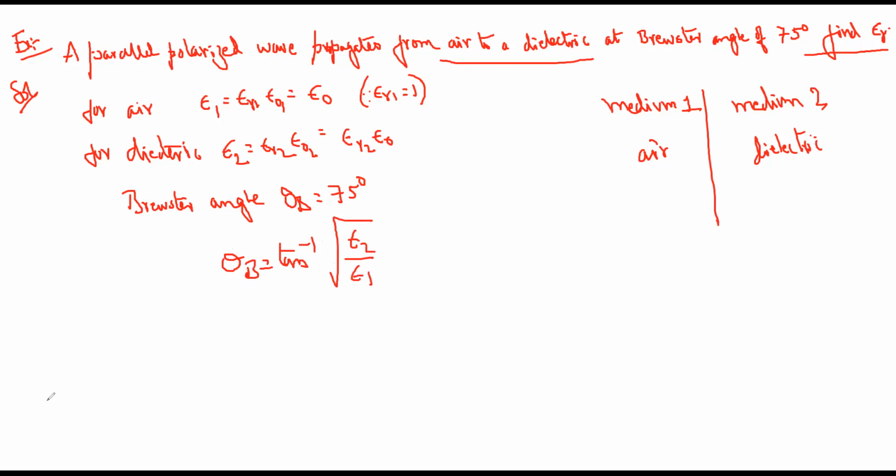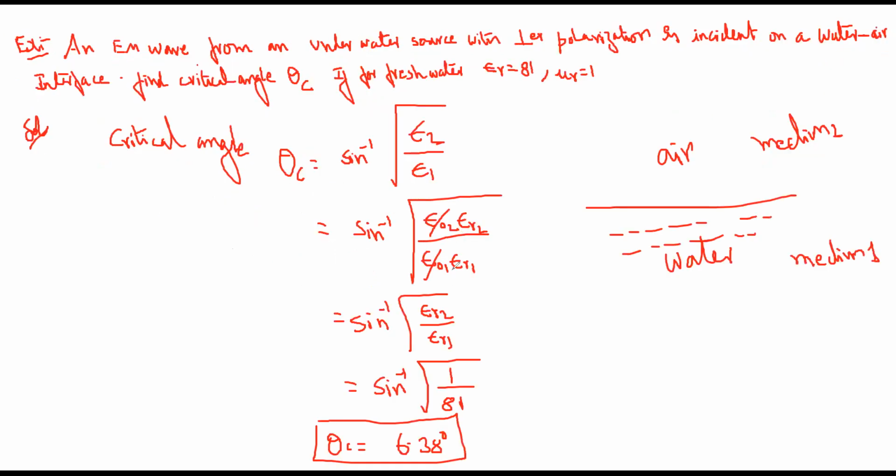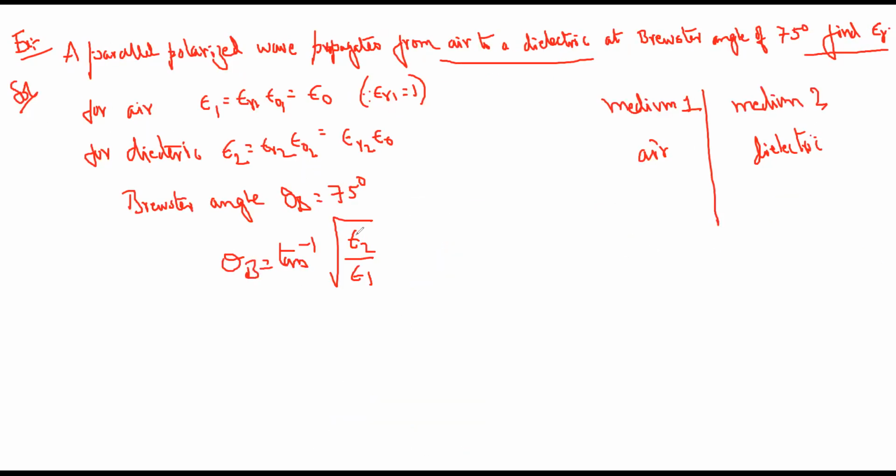Remember that the critical angle is sine inverse of the square root of epsilon 2 by epsilon 1, but the Brewster angle theta b is tan inverse of the square root of epsilon 2 by epsilon 1. So in the tan inverse of the square root of epsilon 2, in medium 2, you have to find epsilon r2.